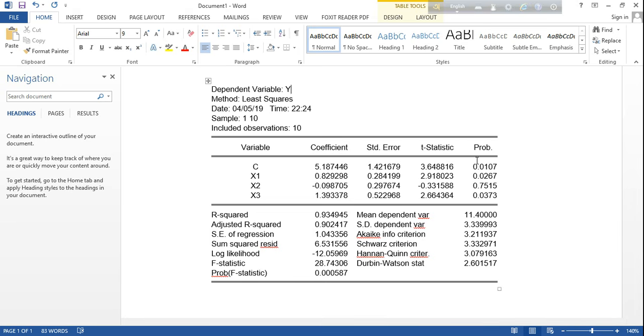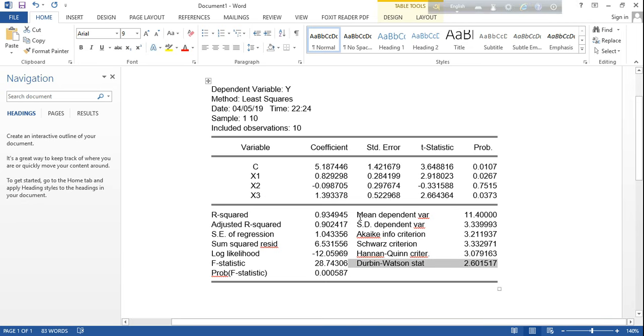What we'll interpret are the probability values, I mean this column, the values of R squared and adjusted R squared, I mean these two lines, and lastly the Durbin-Watson statistic, and that's it.